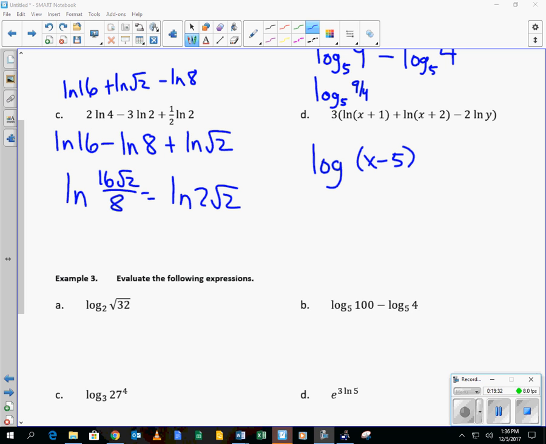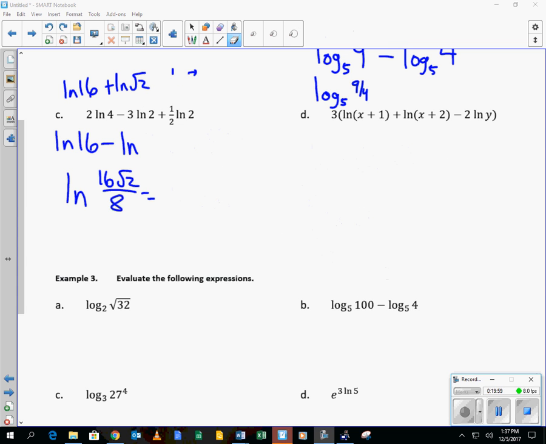I have the difference of two logarithms. This is not log times, this is log of. It would be like saying f of x minus 5, and that you just want to make that f of x minus f of 5. We would never do that, would we? Right, same thing for a logarithm.